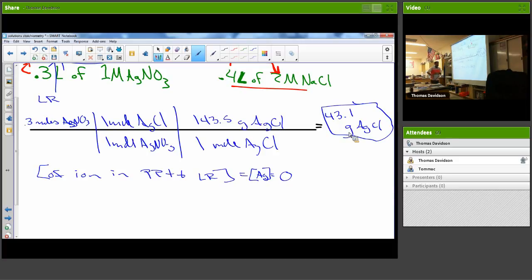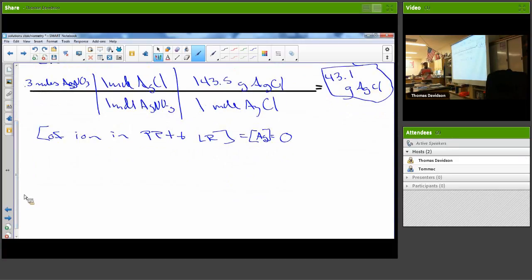Okay, in the notes, we had next the concentration of spectator ions, right? And we said those are equal to their moles over the new volume or total volume.